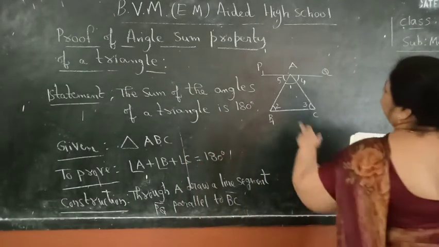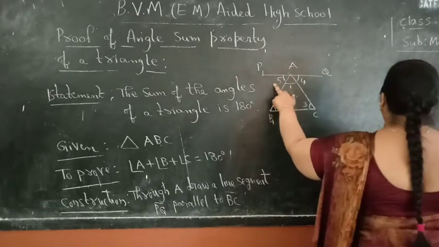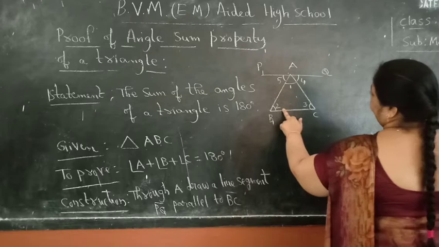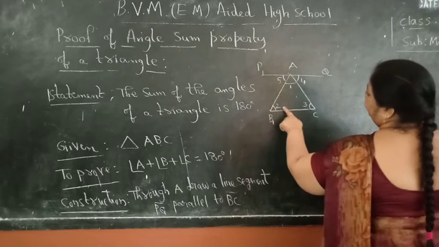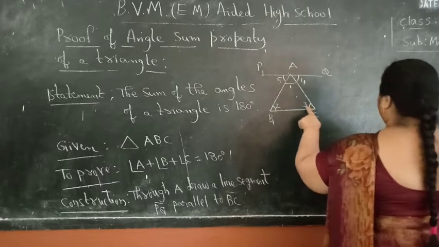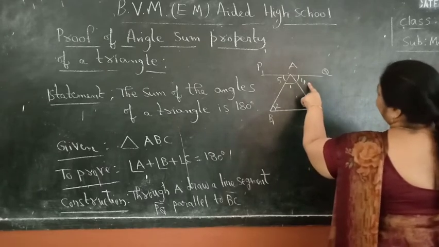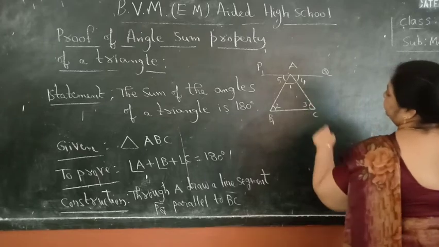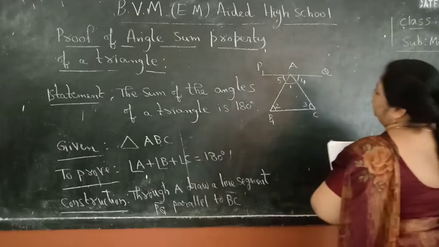Here, two angles are formed. Angle 2 and angle 5 are alternate interior angles. Angle 3 and angle 4 are also alternate interior angles. Alternate interior angles are equal.